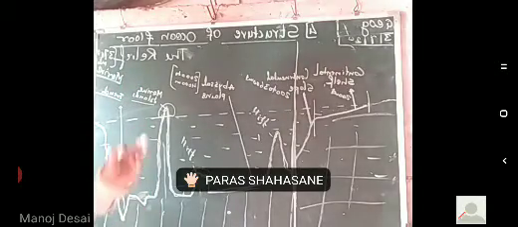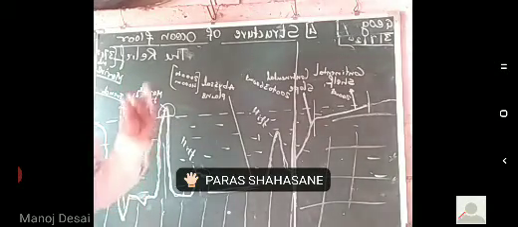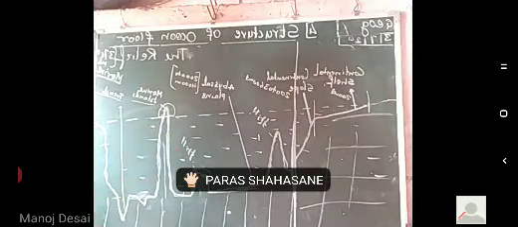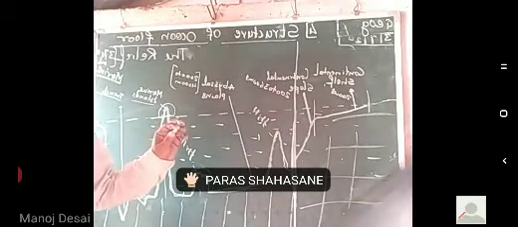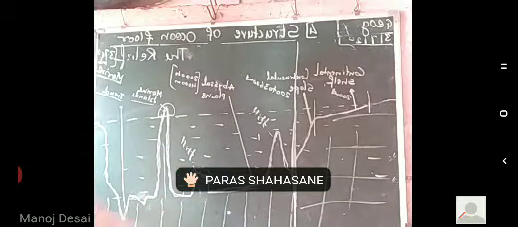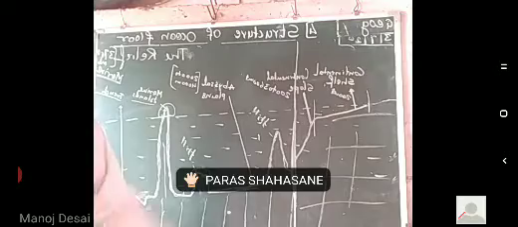And what is the depth? 11,034 meters down from the sea level. 11,000 meters means nearly 11 kilometers down. That much is the depth of this trench. So this is the deepest trench which is found in the ocean.